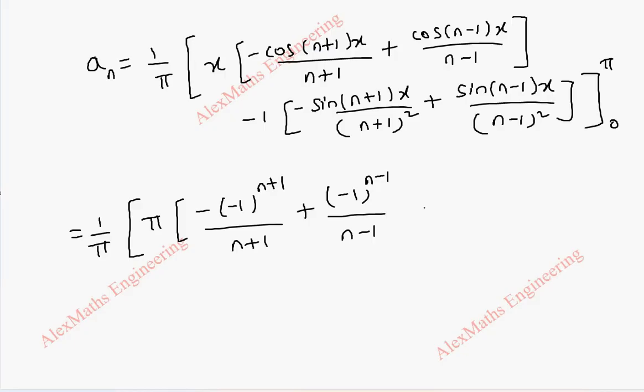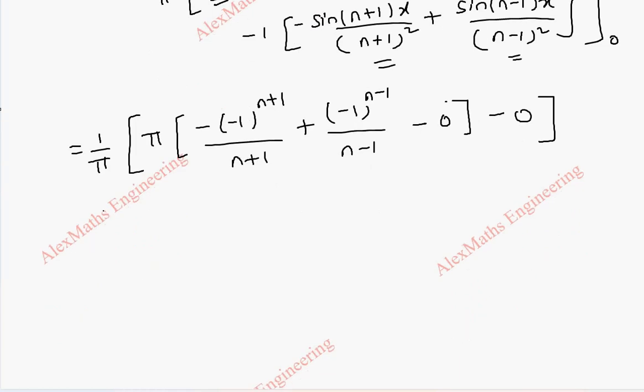Then we have minus of sine(n+1)pi, sine(n-1)pi, all the terms will become 0. So totally this is 0. So we completed the upper limit. When you put the lower limit, since x is there, it is completely 0, and all the sine terms are there, so completely 0. So all the lower limit is 0.